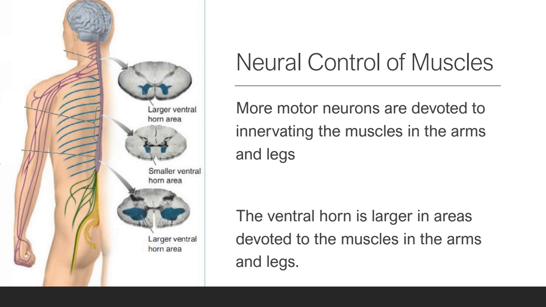That's kind of important in terms of how much space is devoted to the spinal cord. It depends on the amount of muscle, and if there's more muscle, there's going to be a greater number of motor neurons.